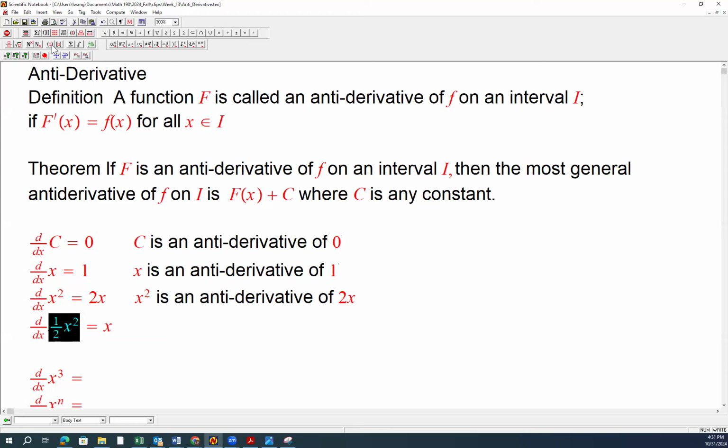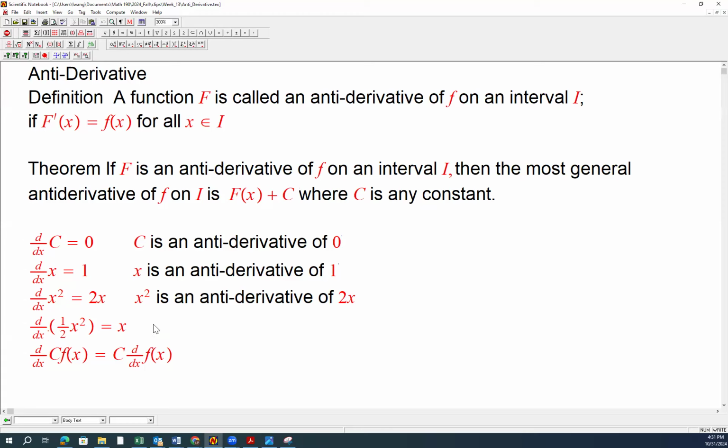Why is this? Because we have learned that the derivative of a constant multiplied by a function equals the constant multiplied by the derivative of f. We have learned this law before.